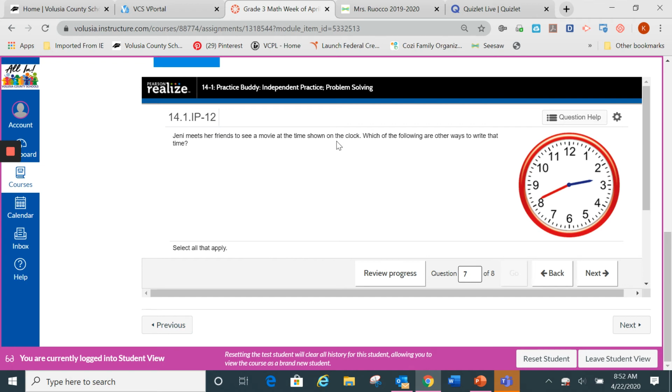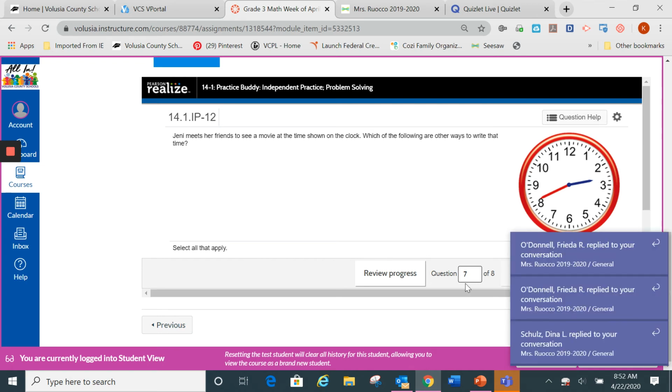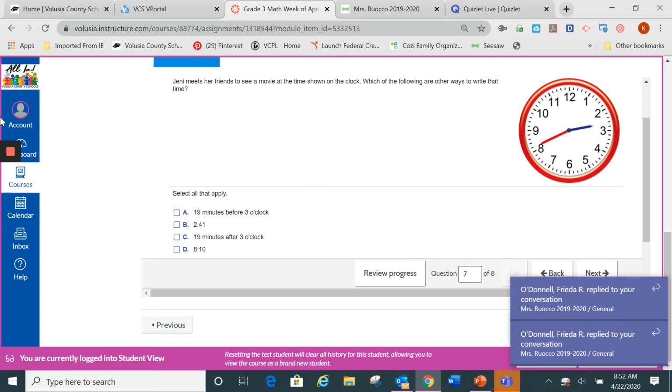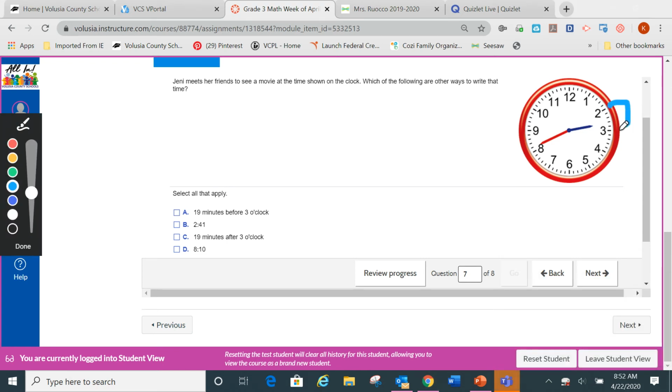Jenny meets her friends to see a movie at the time shown on the clock. Which of the following are other ways to write that time? Close these down. All right, so what are some other ways? Once again, I see here that it is between these 2 hours, but the minute hand is not up here yet. So I know that it's after 2 o'clock.